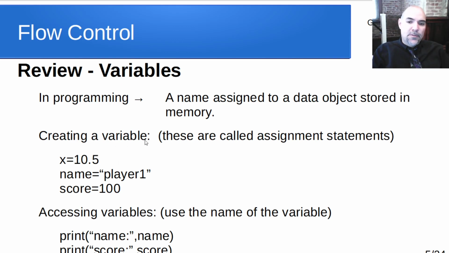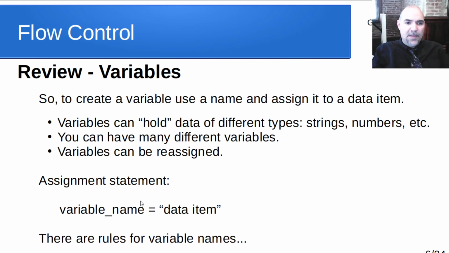And to create a variable using an assignment statement, we just use the equal sign. X equal 10.5, name equal player, score equal 100. And then to access those variables, we just use the name like we are down here. So name will go into that and pull out the value. Score will go into that space in memory and pull out the value.